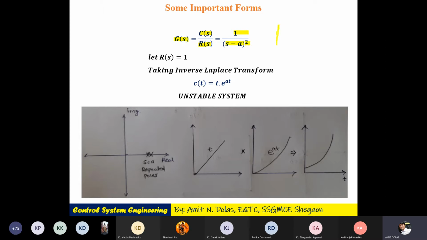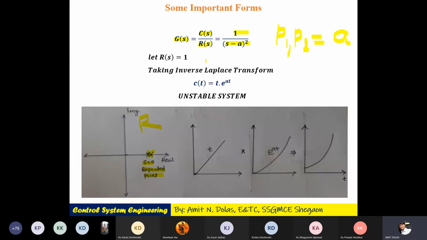So if you go for the poles here, p1 comma p2, there will be two poles, because we may write s minus a is equal to 0 and s minus a is equal to 0. So there will be two poles and those are equal to a. Of course those are present in the right hand plane, right side, and they are repeated. S is equal to A, those are the repeated poles.